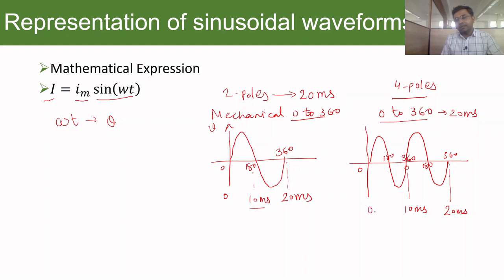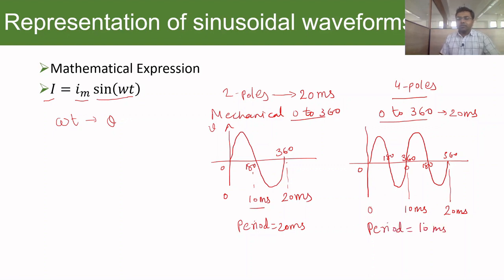In short, in the two pole case one AC cycle finishes in 20 milliseconds. This is known as the period of the signal, here 20 milliseconds. Now my period will be half of the previous one, so my period will be 10 milliseconds.